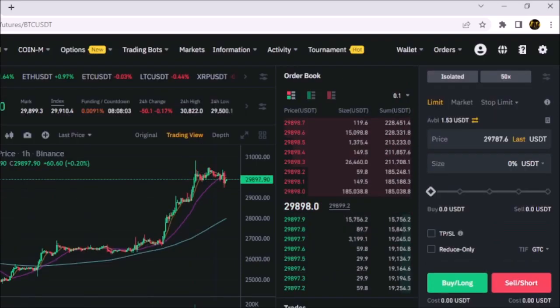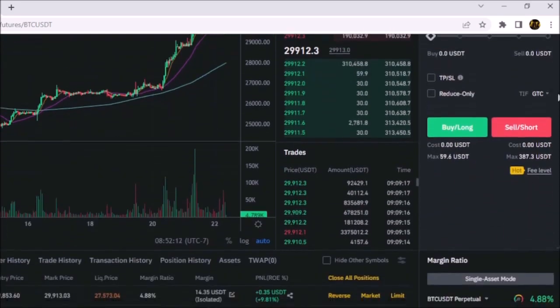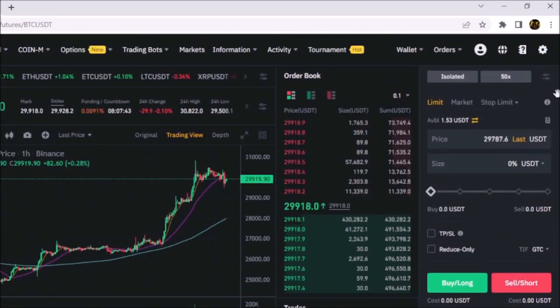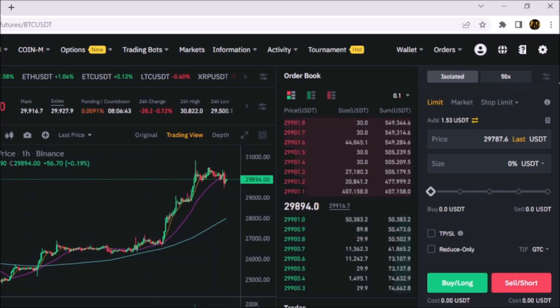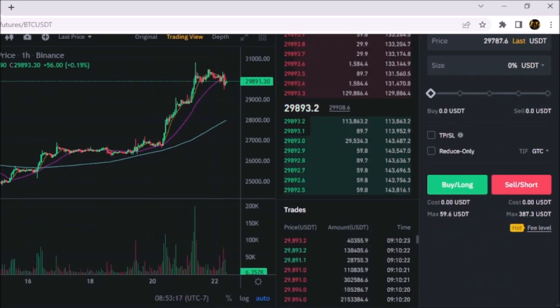Another thing that you have to understand in leverage: let's say maybe you have selected 50x and now it makes 2%. That means you will have gained 100%. But now the problem here is that the 100% will not be the percent of the 5,000. It will be for the initial amount that you had on your account.